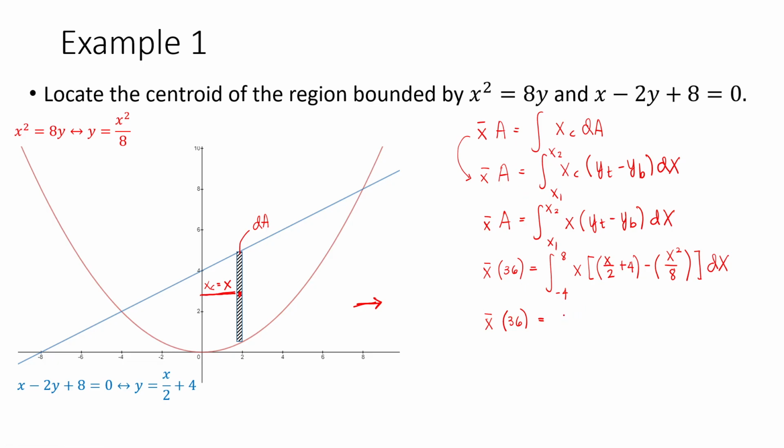So this is 72, divided by 36. So bar x is equal to 2 units.